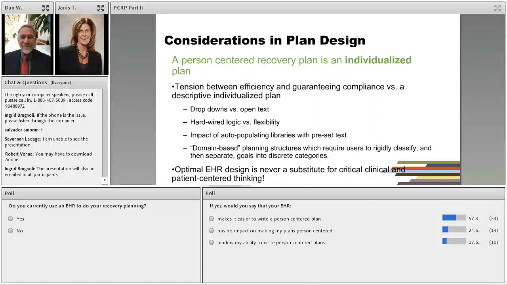So again, why would you have a drop down? Well, for one thing, it's a lot faster for people. It's a lot easier. I don't have to think of what I have to write, and I can just click on one button and answer the question. The other piece of that is, if I want to make sure, for example, that somebody is putting in how frequently they're meeting for their therapy, the best way to manage that and control that is, again, to use a drop-down and make it a required field.